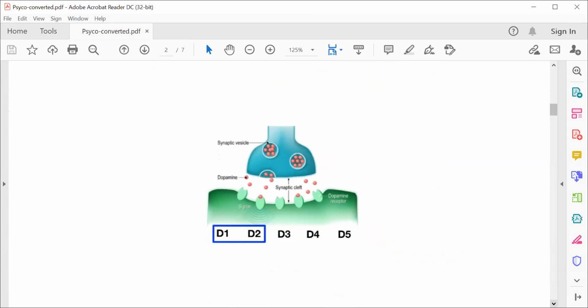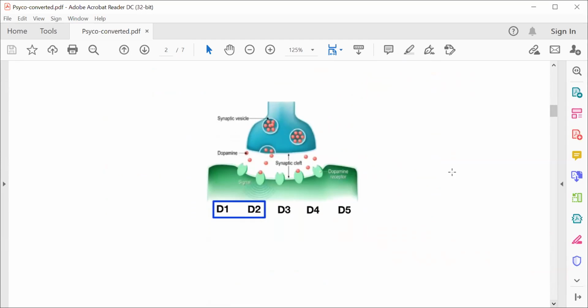Then we need to talk about the dopamine receptors. Mainly in our brain, the receptors involved regarding dopamine are D1, D2, D3, D4, and D5. Five subtypes of dopamine receptor.